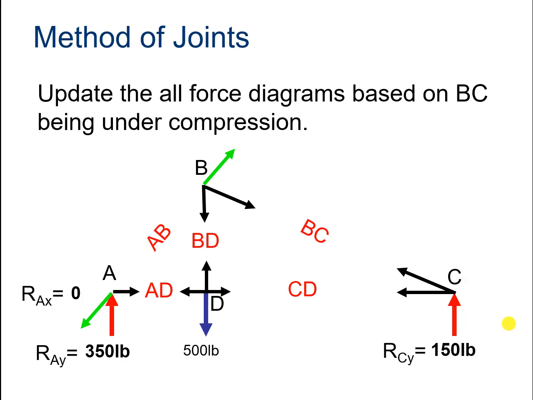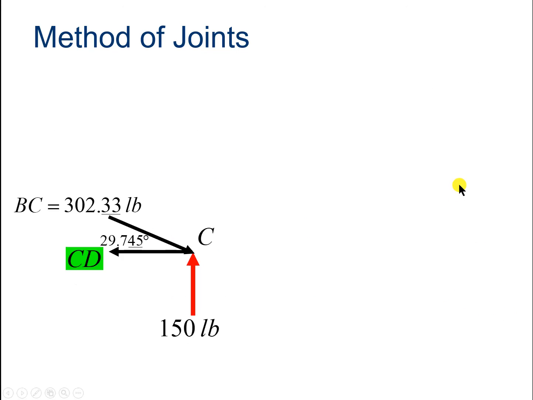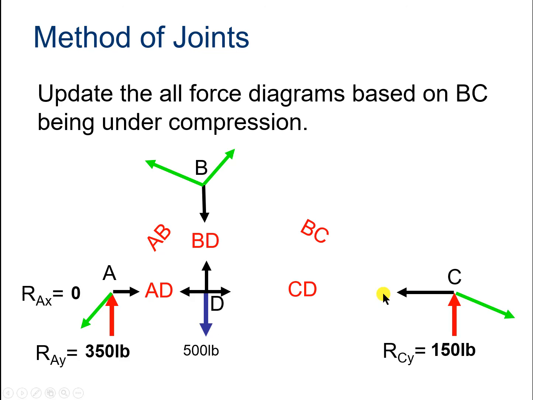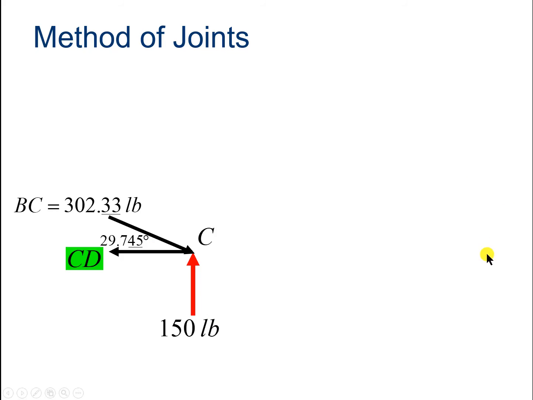So let's update the whole thing, and we see that, yeah, we know that now. That goes out like that. And so what are we left with? Well, we're still on C because we don't know the black one here. Okay, it's starting to get repetitive, so hopefully you're getting the hang of it.